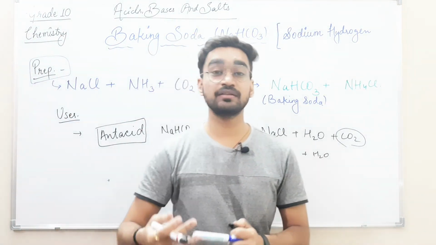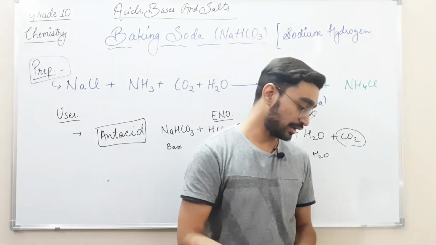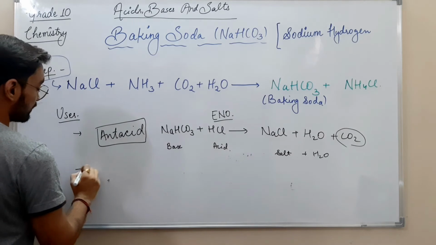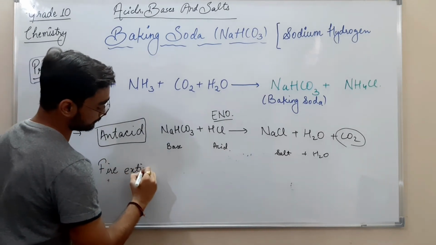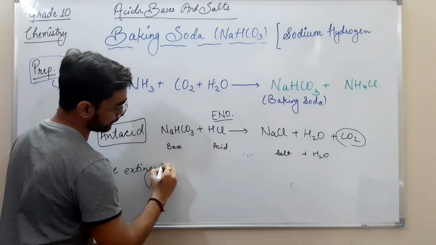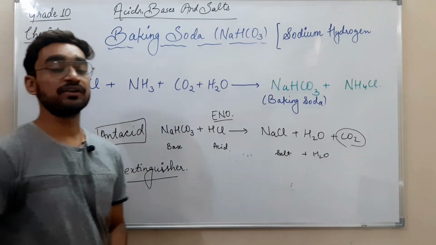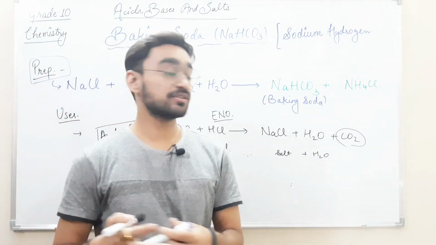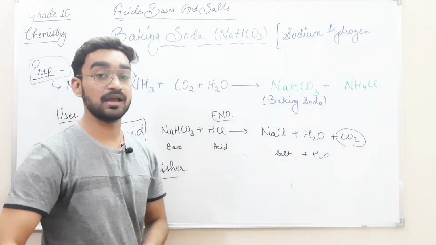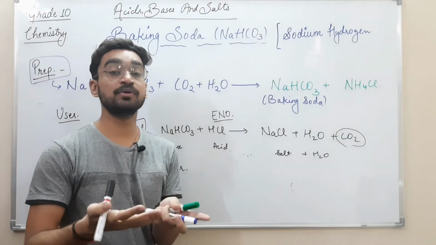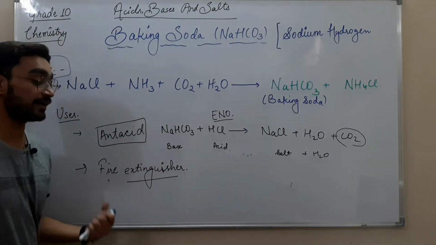It is also used as an ingredient to make breads, cakes and bakery items soft. And baking soda is also used in fire extinguishers, because when heated it gives carbon dioxide gas, which helps to reduce the flames or the fire.